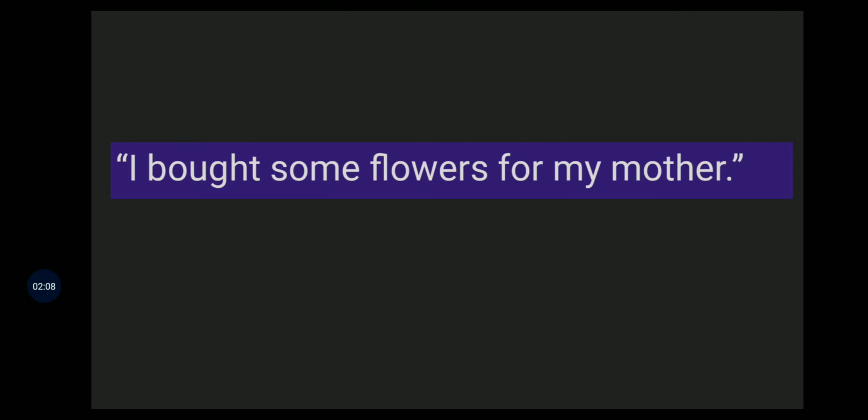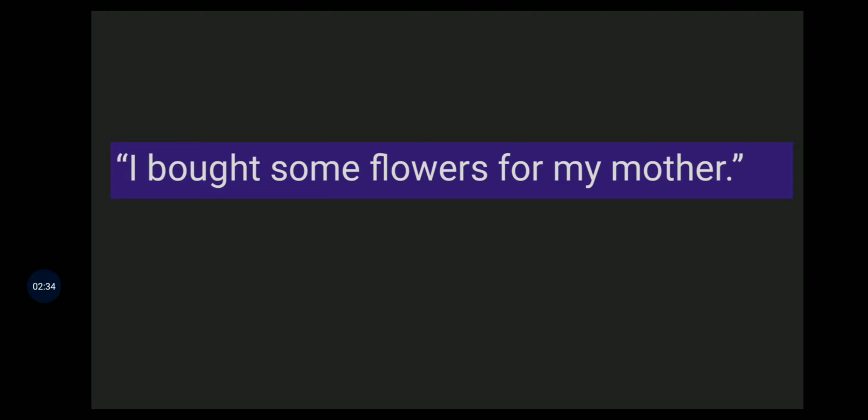We'll look at this with the help of an example. I bought some flowers for my mother. So, if you have gone through part 1, I'm sure you'll be able to identify the subject here. Yes, the subject here is I. So, I has performed a task. So, I has bought flowers for his or her mother. So in this case, we see there are two objects or two parts of the sentence that come out as objects.